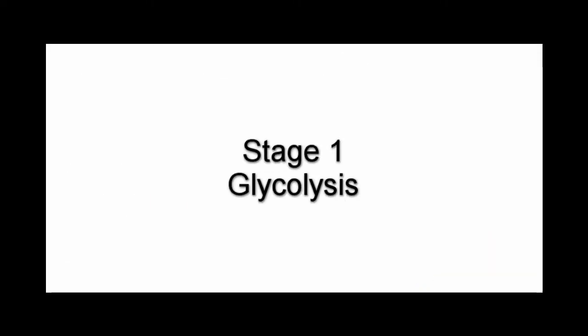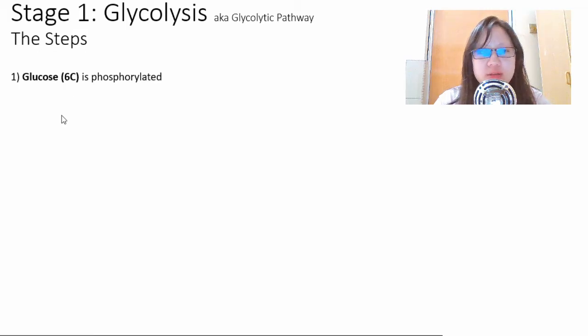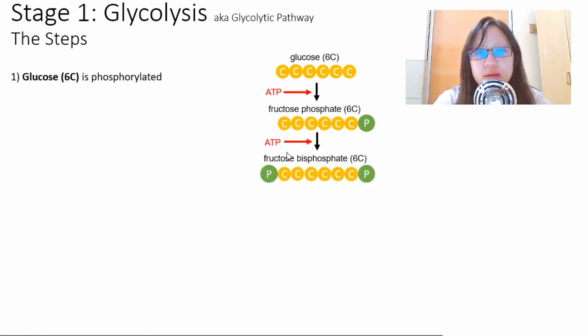This is stage 1, glycolysis, aka the glycolytic pathway if you're feeling fancy. Here are the steps. Number 1, glucose, a 6-carbon sugar, is phosphorylated. So this is glucose here, a representative diagram. What happens is the ATP comes and it is phosphorylated, and it is phosphorylated again. So here you need 1 and 2 ATP.